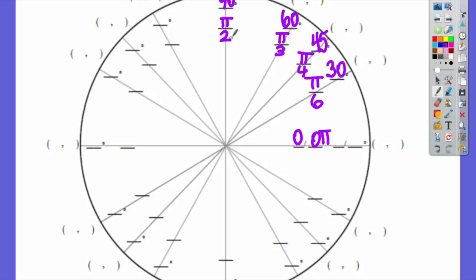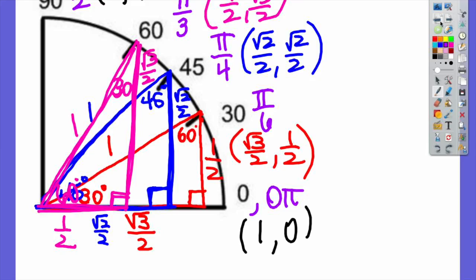I use the lines as the fraction bar. You don't have to write it above. That's just how I do it. It's going to be impossible for me to try to write as big as I do in that little space. And then lastly, the ordered pairs.